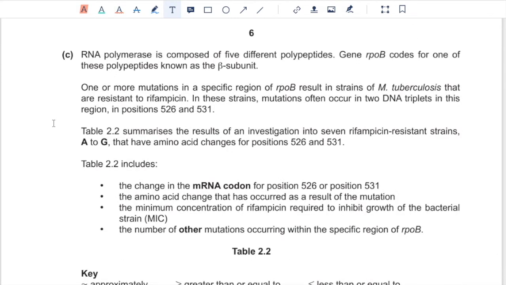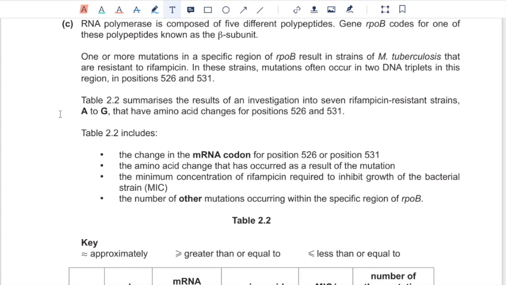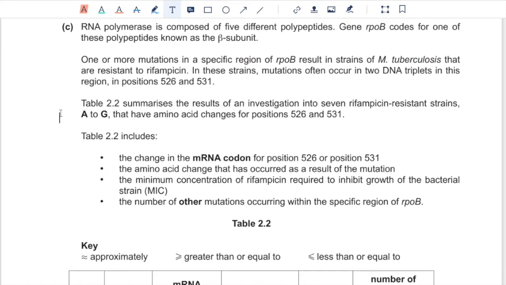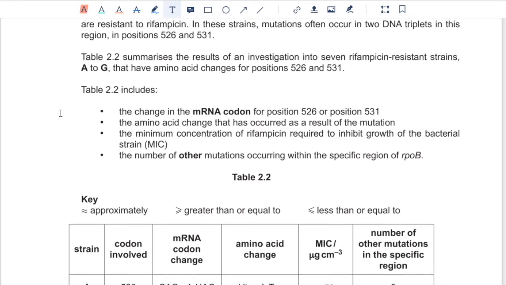RNA polymerase is composed of 5 different polypeptides. Gene RPOB codes for one of these polypeptides, known as the beta subunit. One or more mutations in a specific region of RPOB results in strains of Mycobacterium tuberculosis that are resistant to rifampicin. In these strains, mutations often occur in two DNA triplets in this region, at positions 526 and 531.